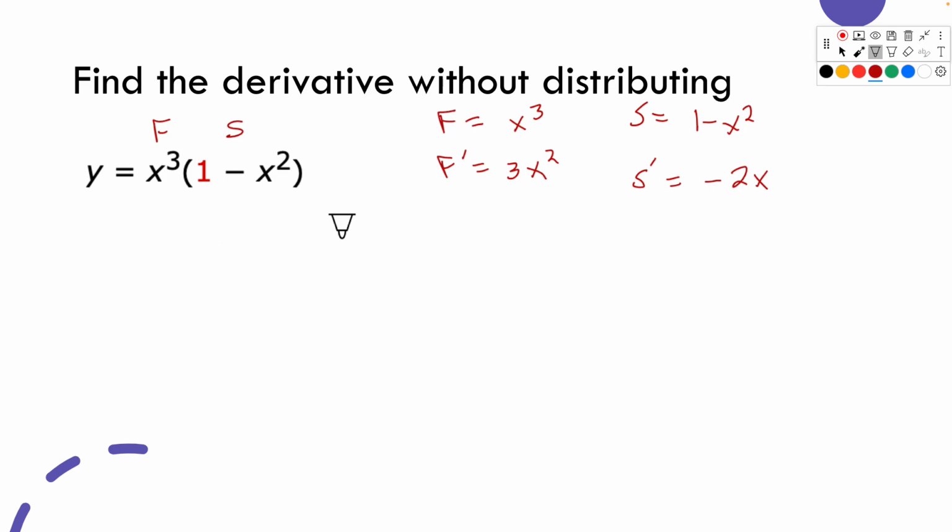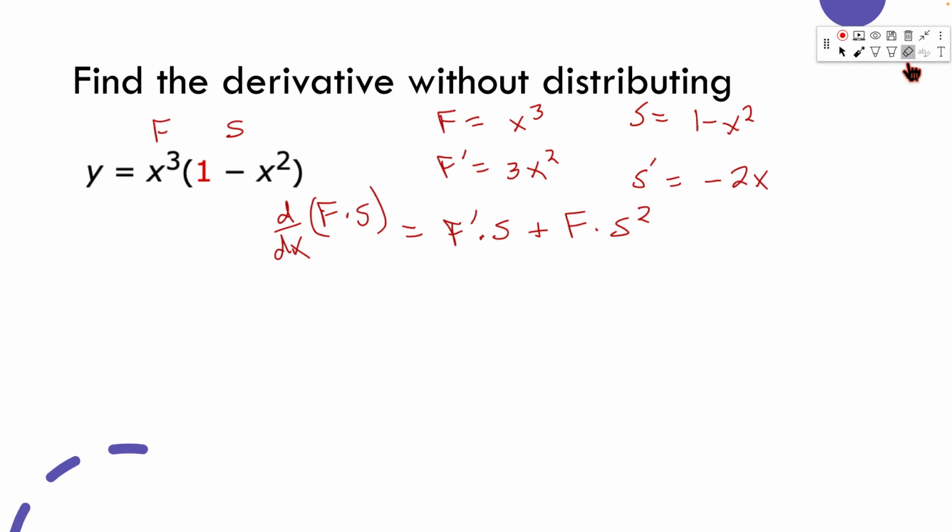So the derivative of f times s, and we can use this one or the other one. Derivative of f times s plus f times the derivative of s. That's why I also need to write it down so many times.